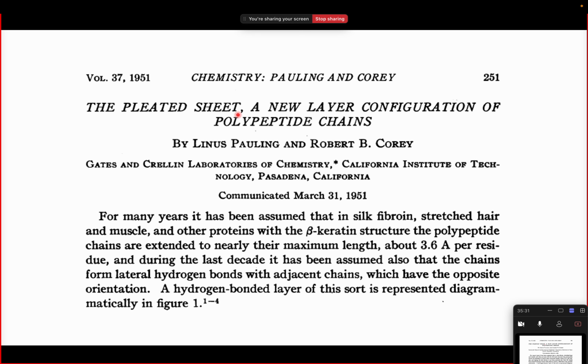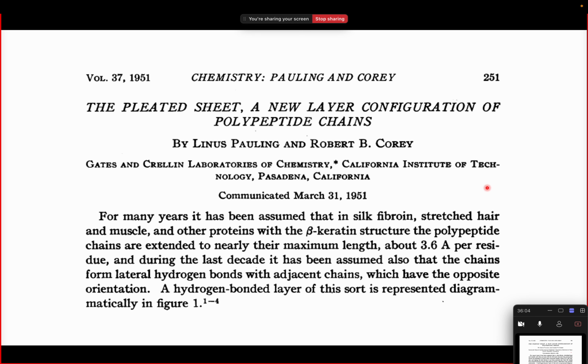So till now we were discussing the alpha helix type of secondary structure. Another major component of secondary structures is called pleated sheets, or beta pleated sheets. In 1951, Pauling gave a paper titled "The Pleated Sheet: A New Layer Configuration of Polypeptide Chains."